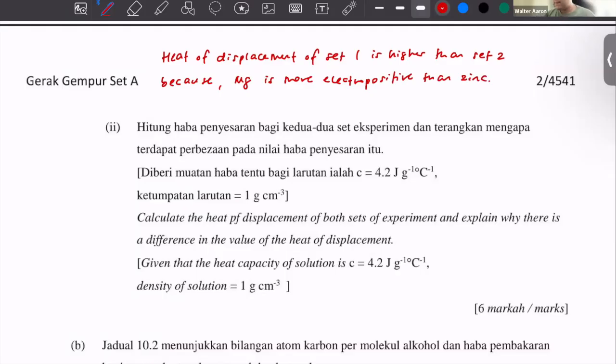That's it. And then you'll be able to get full marks already after that. So you get 6 marks in total. Done.